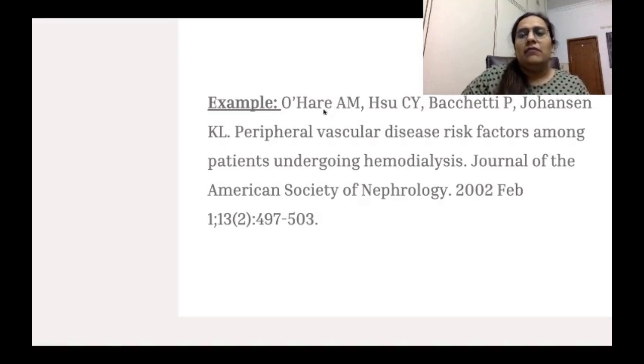Here is the author surname, the author initials, the title of the paper, the title of the journal, the year, the date. One major thing here is the date, and then the volume number and the page numbers.